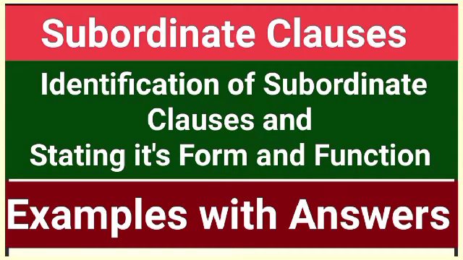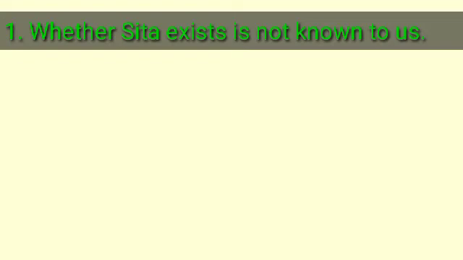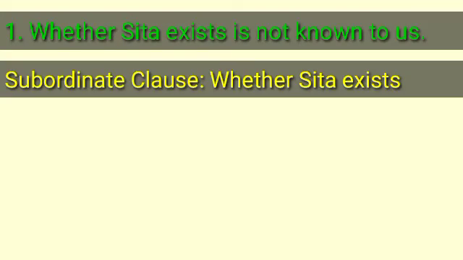Look at the first sentence. Whether Sita exists is not known to us. In the sentence, whether Sita exists is not known to us, whether Sita exists is the subordinate clause. So you have to underline this part, or you can separately write subordinate clause: whether Sita exists.